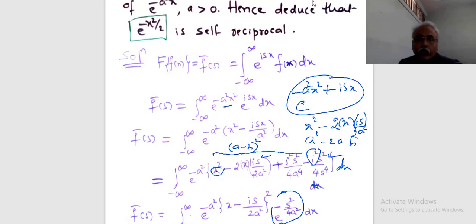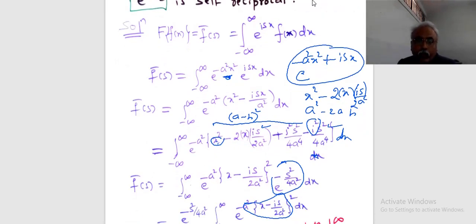We have made a perfect square here by combining both because the base is same. If you multiply these two, you will get it in this fashion. So taking minus a square common, using the a square minus 2ab plus b square format, add the b square term and subtract the b square term. Whichever is not x, you take it outside. This is a minus b whole square, a square as it is. This part is extracted outside.